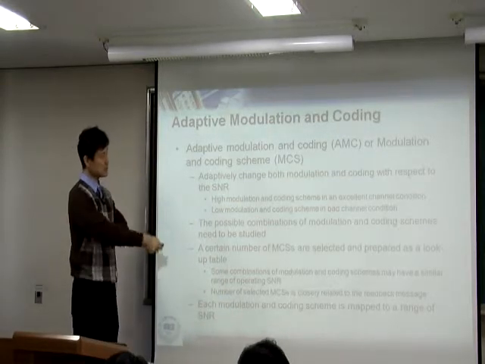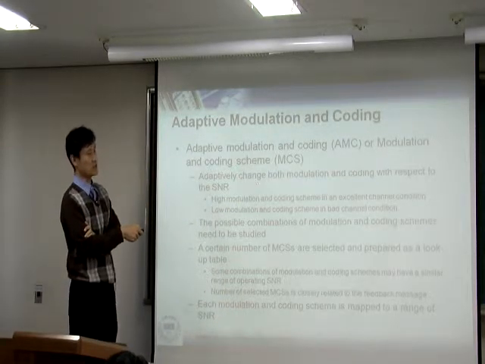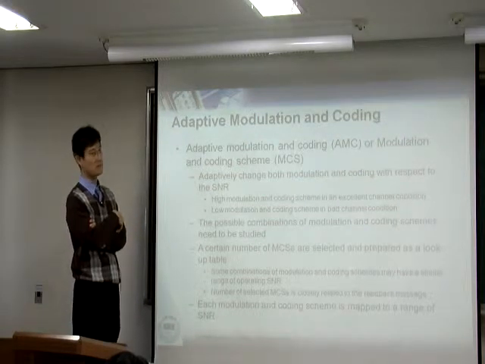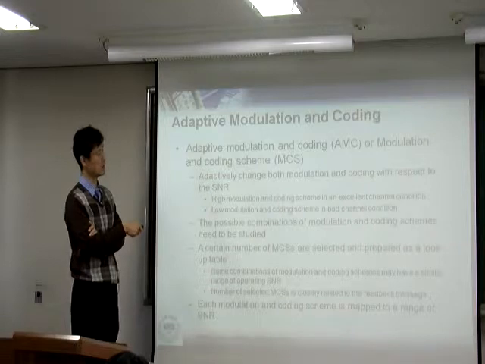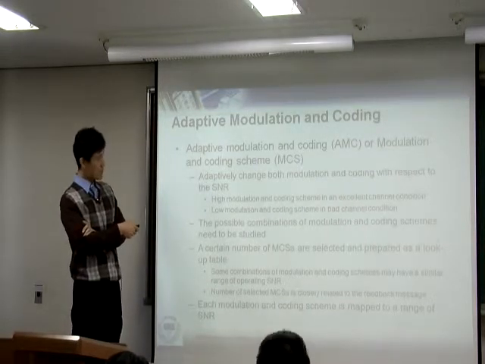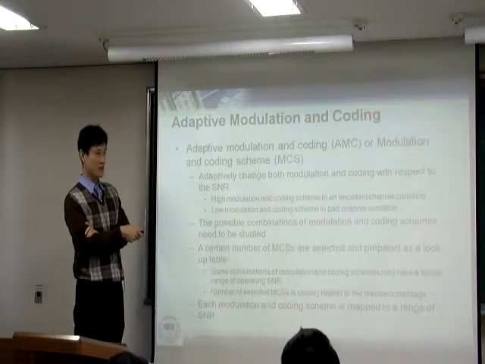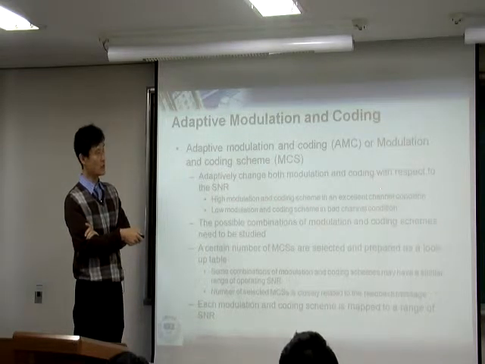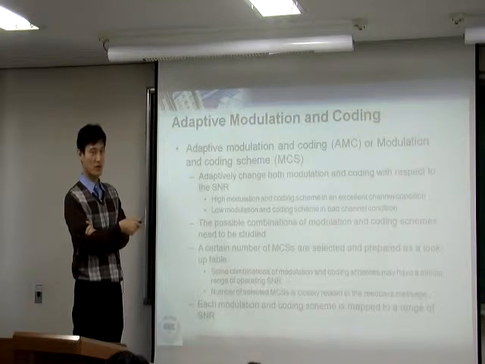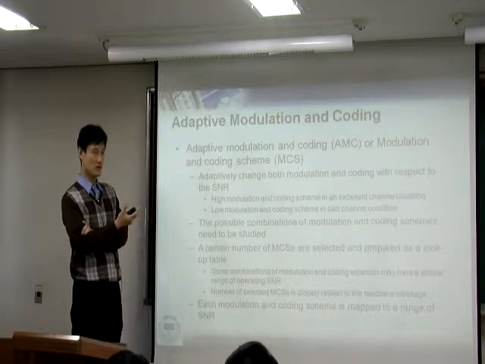So adaptively change both modulation and coding, depending on your instantaneous SNR. Generally, you use a high modulation and coding scheme when you have good, favorable channel condition, and a low modulation and coding with bad channel condition, right?